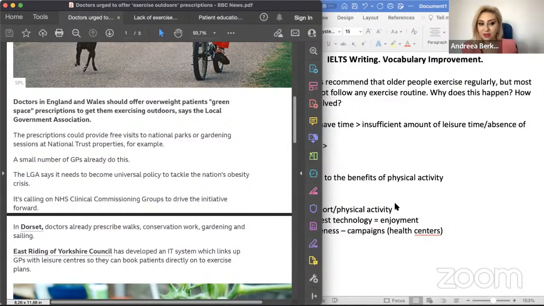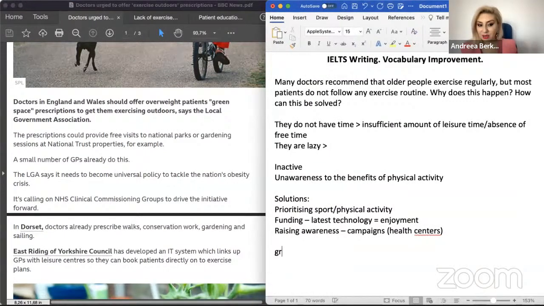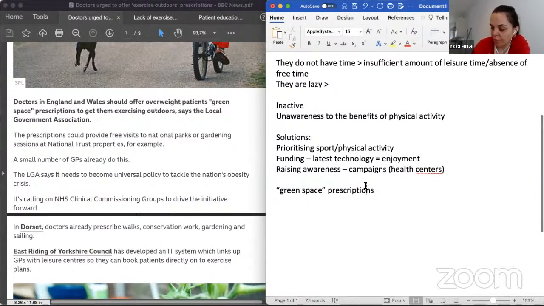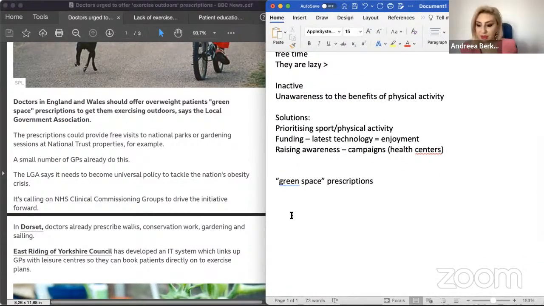Sorry, Christina, we have this green space prescription, which is a very interesting metaphor, right? I wouldn't pass over the word overweight patient, which I think is a bit preferable to obese. So we have overweight, and we have this green space prescription that we can use, yes.